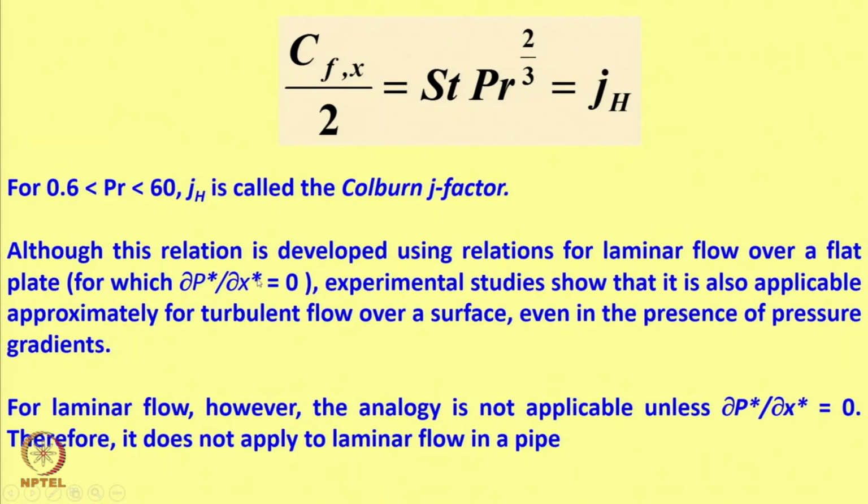And of course, the mandatory thing, as I say again, is that dP by dx should be equal to 0. There should not be any pressure gradient. That is possible only in a flat plate, and this analogy is not applicable if dP by dx is not equal to 0. So much about Reynolds analogy and Colburn factor. I think I will stop here and we will take it up in the next module. Thank you.